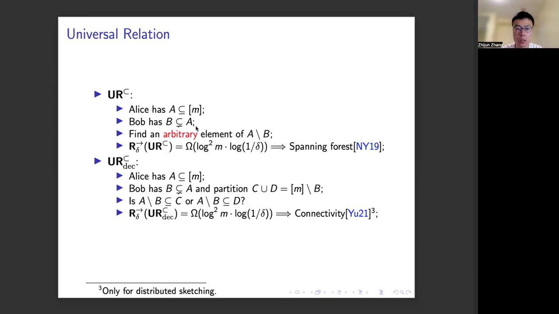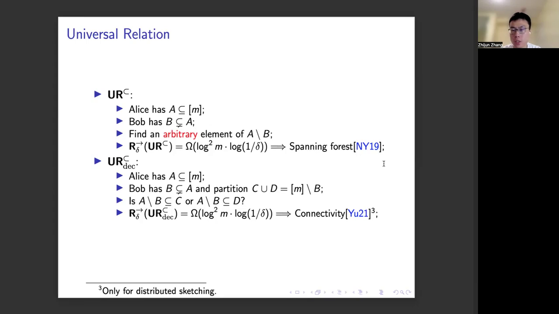In the original version, Alice holds a set A of some universe M, and Bob holds a subset B, and they want to jointly find an arbitrary element in the difference A minus B.